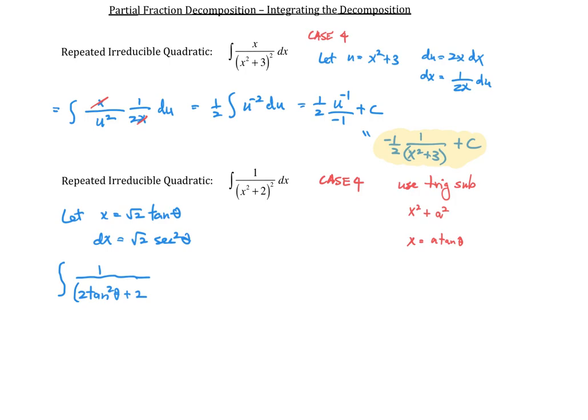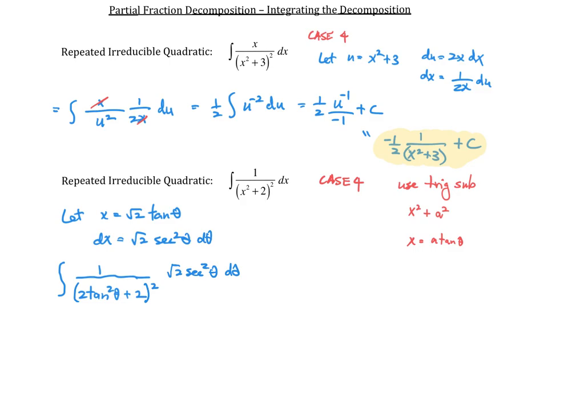That denominator is squared. And then we need to replace the dx part with the rad 2 secant squared theta d theta. Okay, so let's simplify this a little bit.